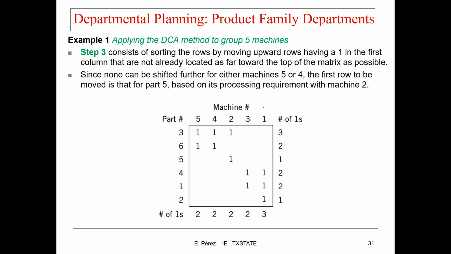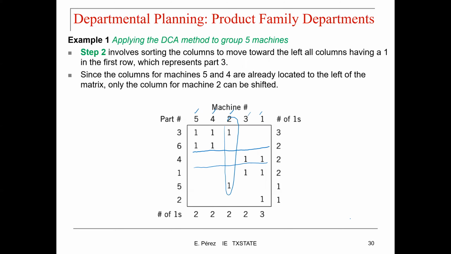Step 3 consists of sorting the rows by moving upward rows having a 1 in the first column that are not already located as far toward the top of the matrix as possible. Since none can be shifted further for either machines 5 or 4, the first row to be moved is that for part 5 based on its processing requirement with machine 2.